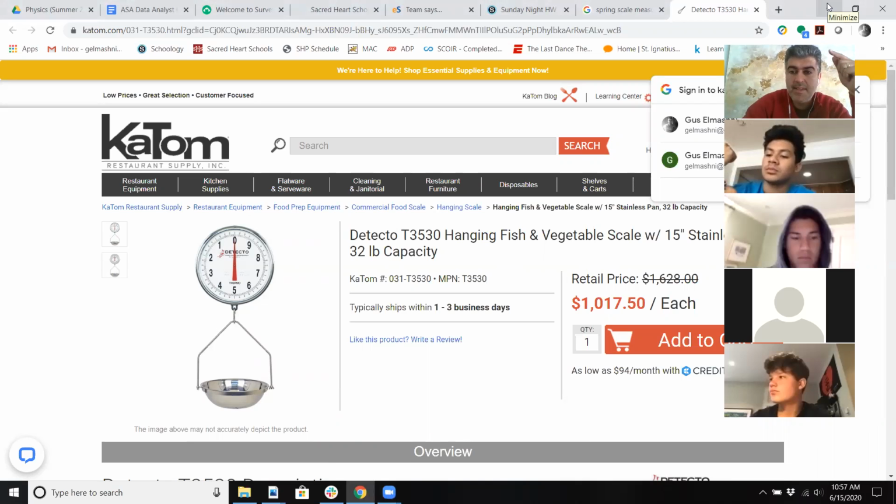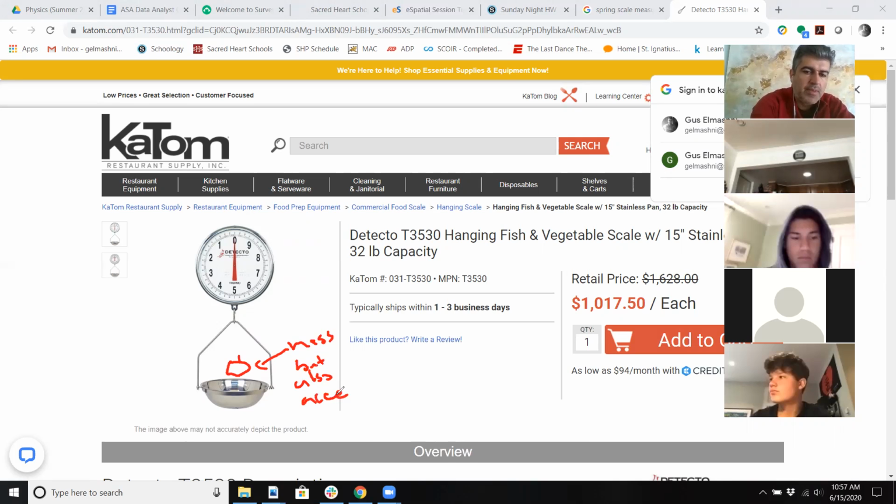Pounds, believe it or not, is not mass. It's actually force. Pounds is force. So what's happening is that you're putting something on here that has mass, say a little apple, but also it has acceleration due to what?